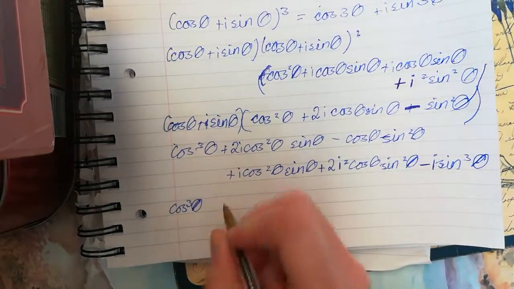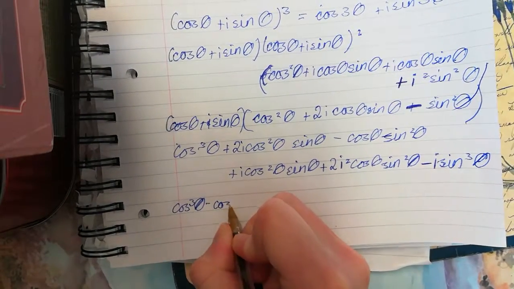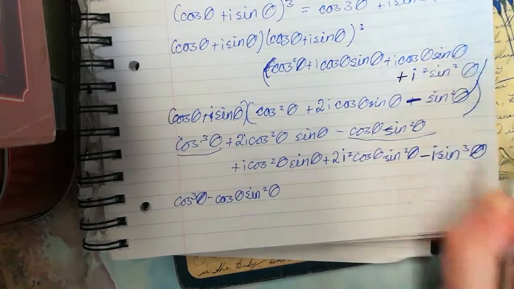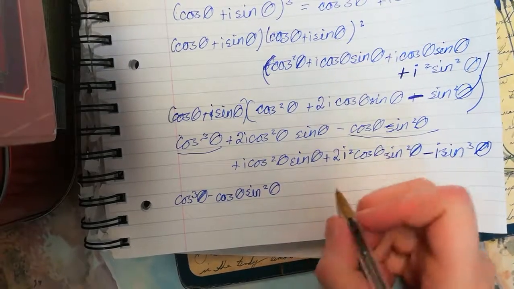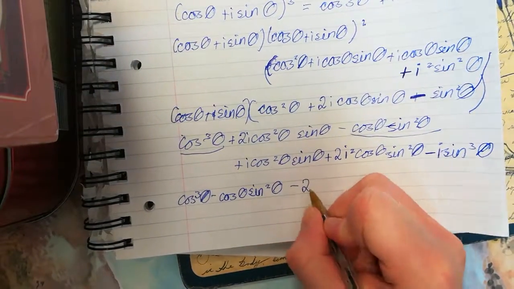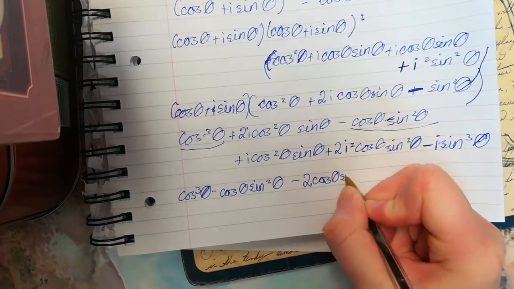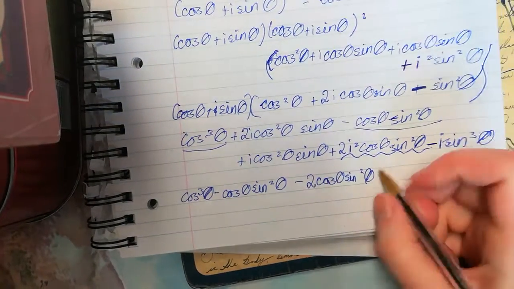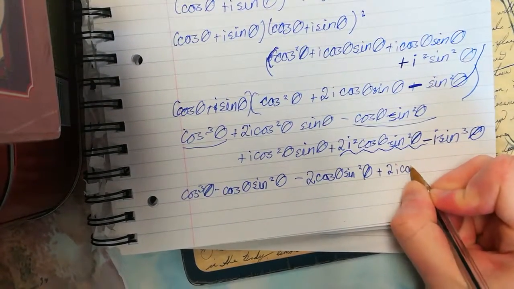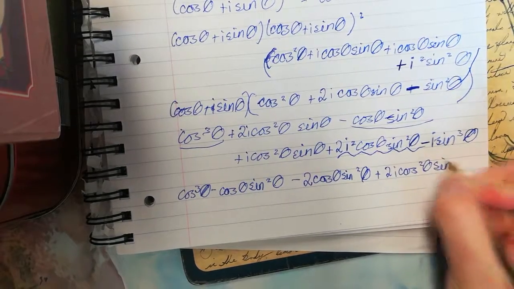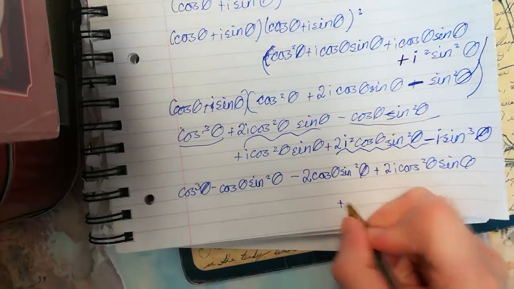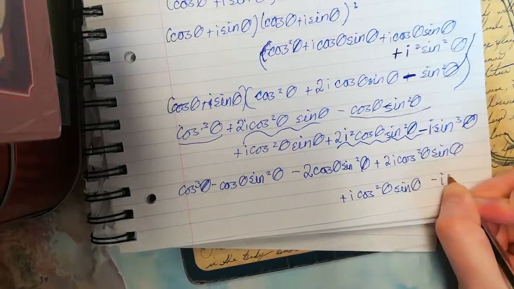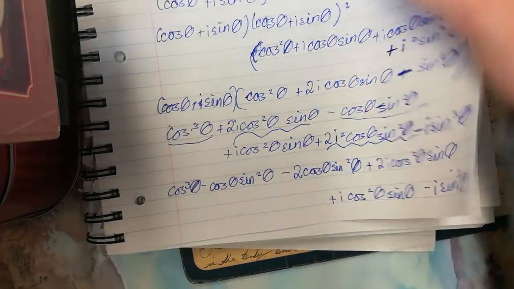So I have cos³θ minus cos θ sin²θ, and then this is going to be a minus 2 cos θ sin²θ. Then it's going to be plus 2i cos²θ sin θ, plus i cos²θ sin θ, minus i sin³θ.